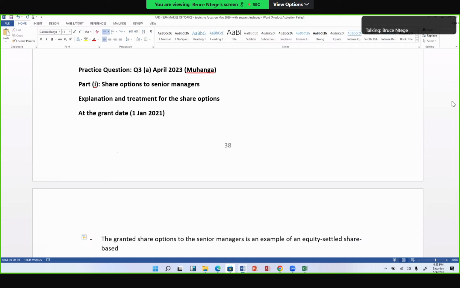Okay. And this is because the entity has granted share options to its employees. You know that these are equity instruments to the employees.